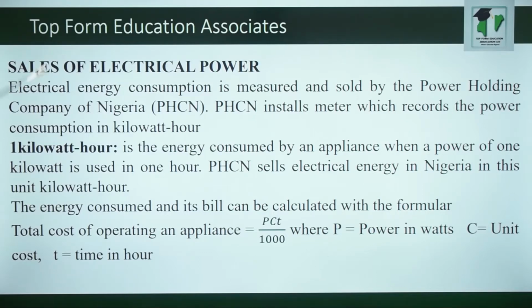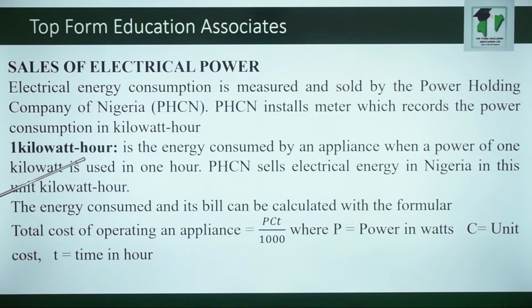Now, sales of electrical power. Electrical energy consumption is measured and sold by the Power Holding Company of Nigeria, PHCN. This company installs meters which record the power consumption in kilowatt hours. That is the unit at which they record the power you consume in your house.